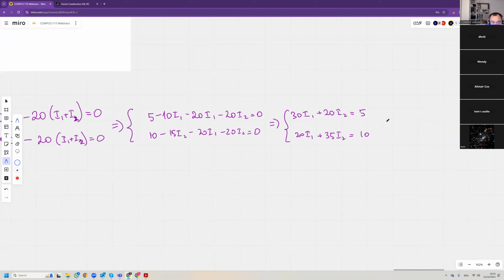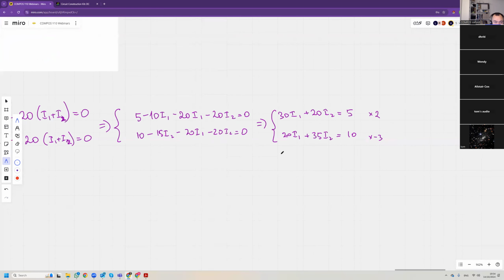I like elimination, so I multiply the first by 2 and the second by minus 3, and I get 60 I1 plus 40 I2 equals 10, and minus 60 I1 minus 105 I2 equals minus 30.